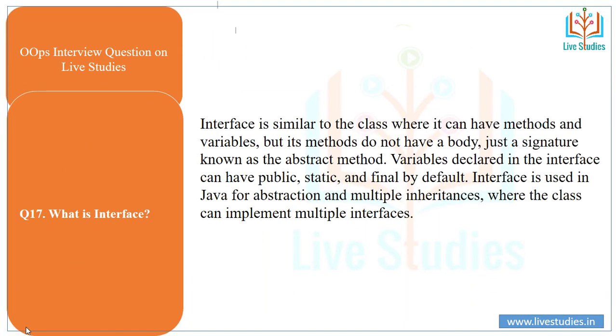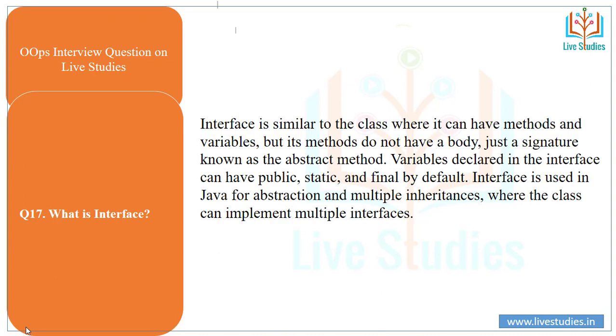Another question is, what is an interface? An interface is similar to a class, where it can have methods and variables, but its methods do not have a body, just a signature, known as abstract methods. Variables declared in an interface are public, static, and final by default.